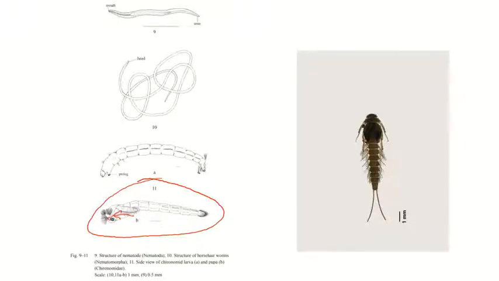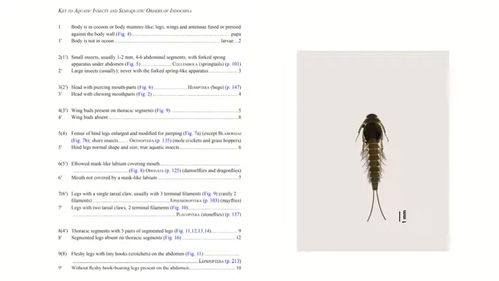So let's continue. Since we already know that this is an insect and that it could be a larva or a pupa, we are now led into a part of the key solely devoted to aquatic insects. Now let's start again with couplet number 1.